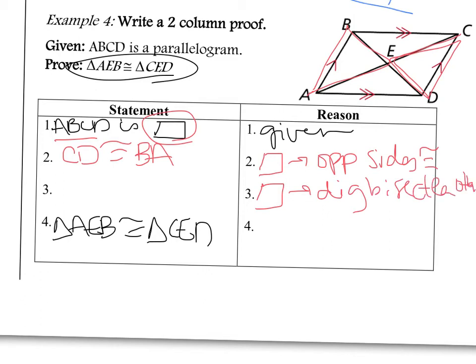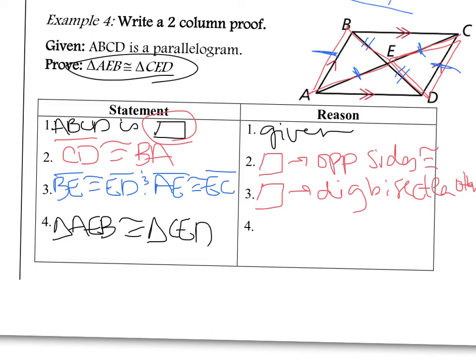What does that tell me? When diagonals bisect, this side is congruent to this side, and this side is congruent to that side. So I know that BE is congruent to ED at the same time that AE is congruent to EC. So now what do I have? I did these for opposite sides. Now I have side, side, side.